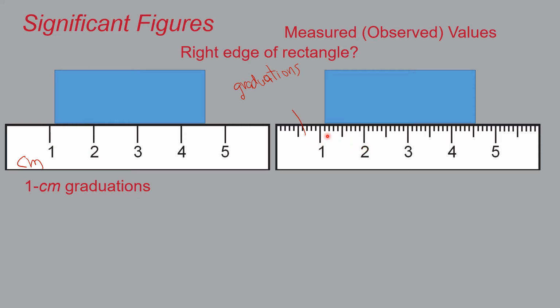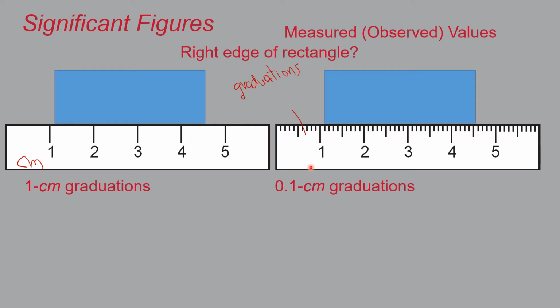In fact, there are 1, 2, 3, 4, 5, 6, 7, 8, 9, 10. So there are 10 little marks in the space of 1 centimeter. So we would refer to this ruler as having 10th centimeter graduations. The smallest graduations are a 10th of a centimeter apart. And usually, more graduations implies that you can get a more accurate reading from that device.